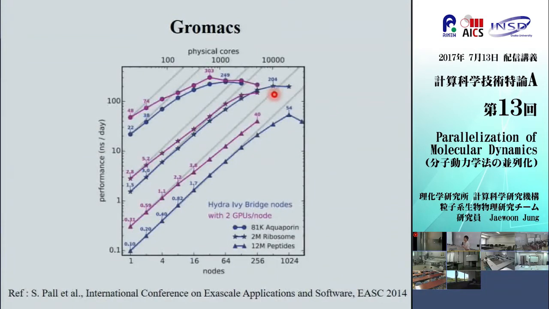I said that usually the time step is from 1 to 2 femtoseconds. But in this case, GROMACS makes use of a 5 femtosecond time step using GROMACS's virtual site scheme. But considering that, I think this performance is quite good. Parallel efficiency is also very good. And for this 12 million atom system, GROMACS shows very good performance.